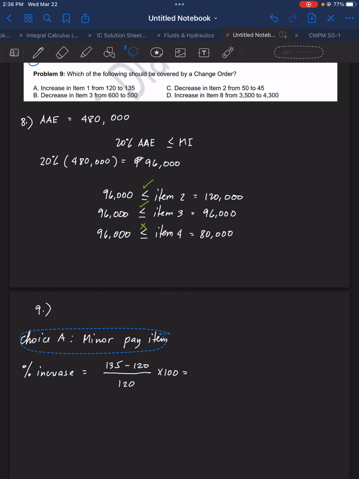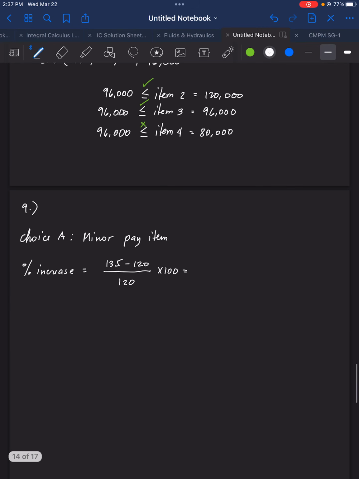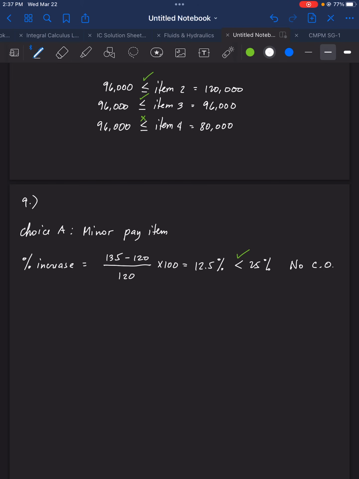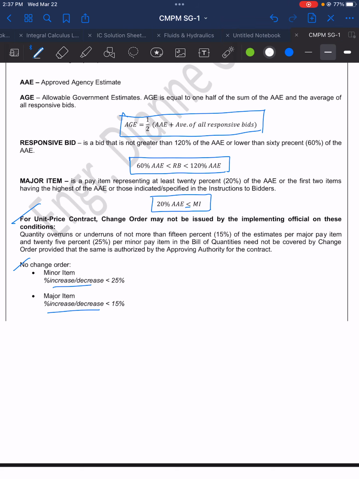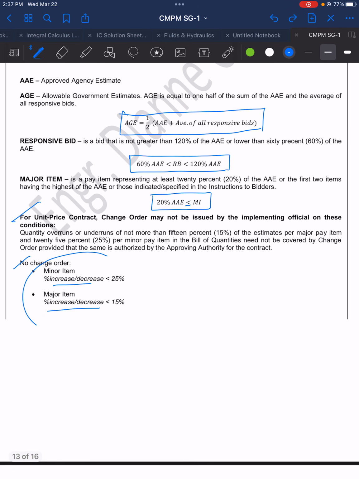So 135 minus 120, divided by 120, times 100, is 12.5%. Is this less than 25% for a minor pay item? Yes. Therefore, no change order. If it satisfies the condition, therefore, no change order.